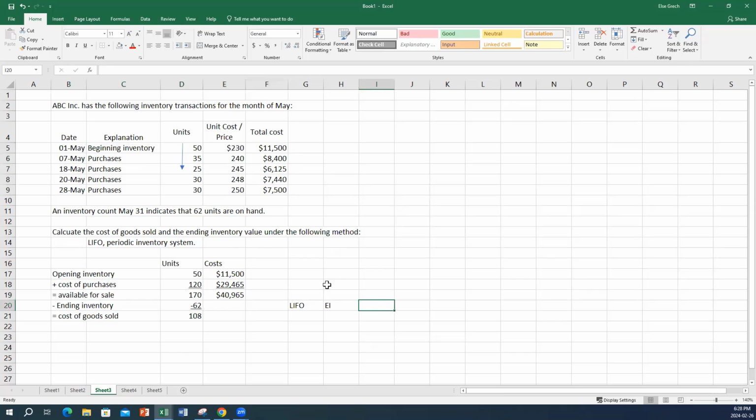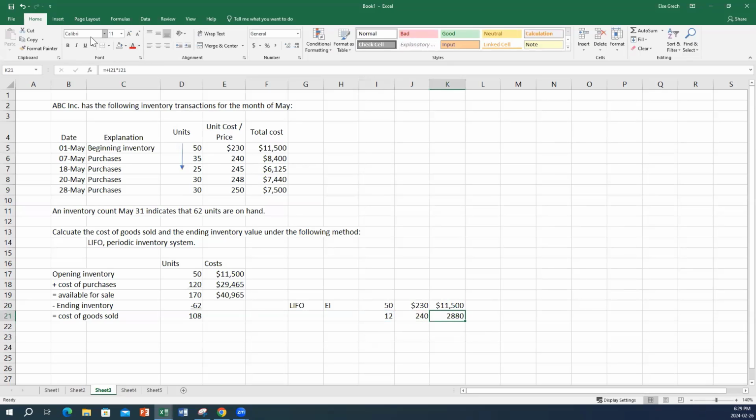So I'm going to start with 50 units at $230 each. That's 11,500. I have 62 units. So looking at those 62 units, I'm going to deduct the 50 units that I've already taken into account, 12 units. Those 12 units are going to come from the first purchase of 35 at $240 per unit. I do the math.